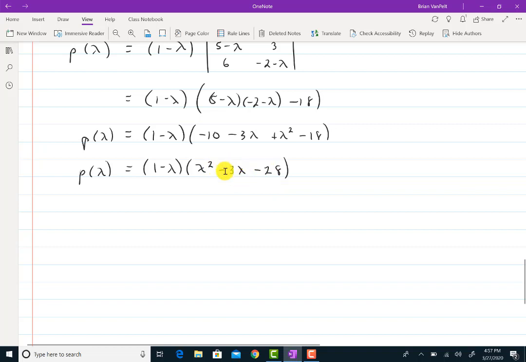And I know that you can get a negative 3 by doing 4 minus 7. So we have P of lambda equals 1 minus lambda times lambda minus 7, times lambda plus 4. Let's check those out. Lambda squared plus 4 lambda minus 7 lambda minus 28.